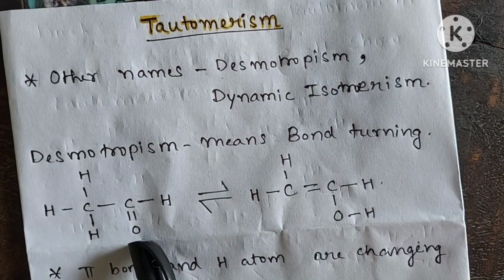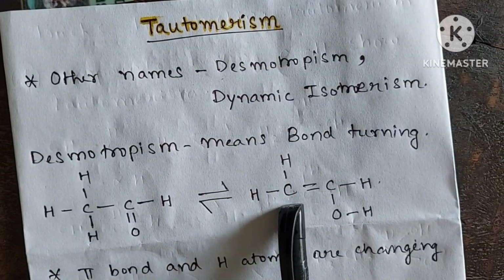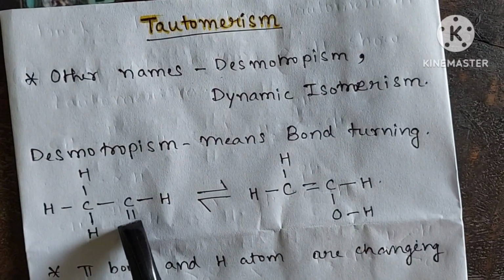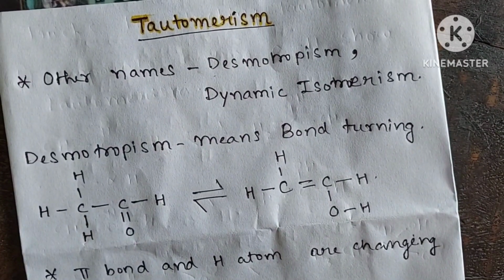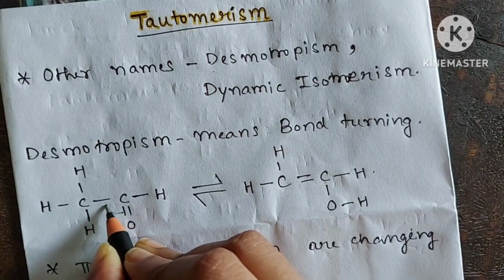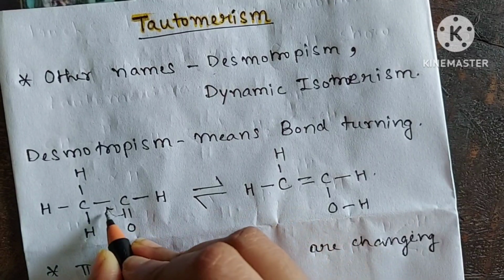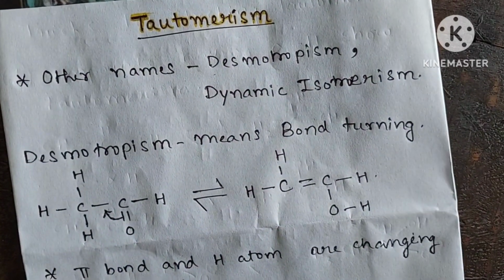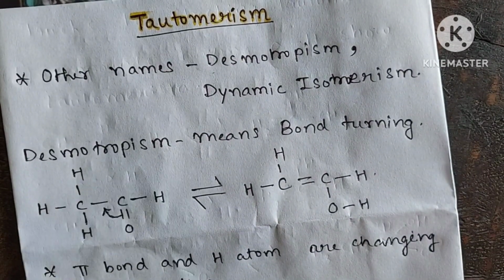Now this bond has come between carbon and carbon. So here the bond has turned from here to here. So it is also known as desmotropism.